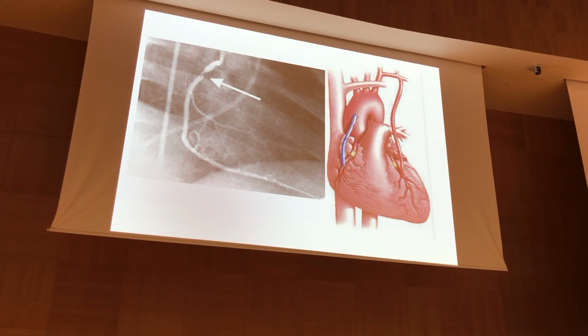They stitch it to the aorta and they stitch it to the artery beyond the closure. This is called a bypass operation, and this is open heart surgery. It's a serious surgery, so they don't do that unless the patient is actually in need and there are many closures.